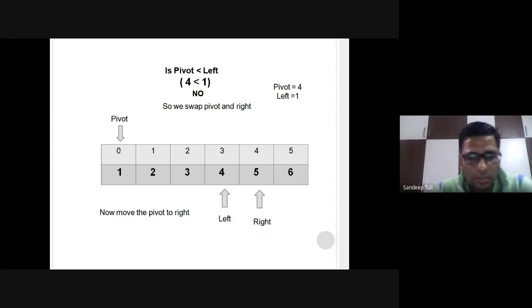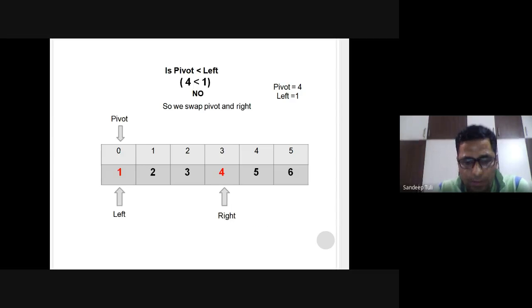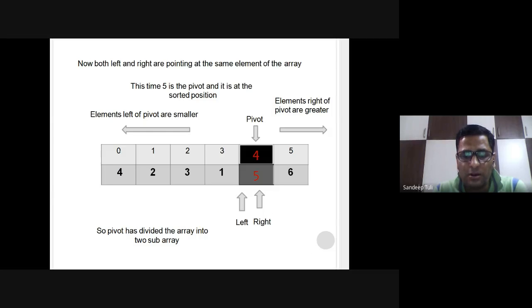Now look at that particular thing. That is the case where we are getting only one sub problem. I am repeating, this is the case where we are getting only one sub problem. In the previous example, how many sub problems did we get? 2, left sub array and right sub array.